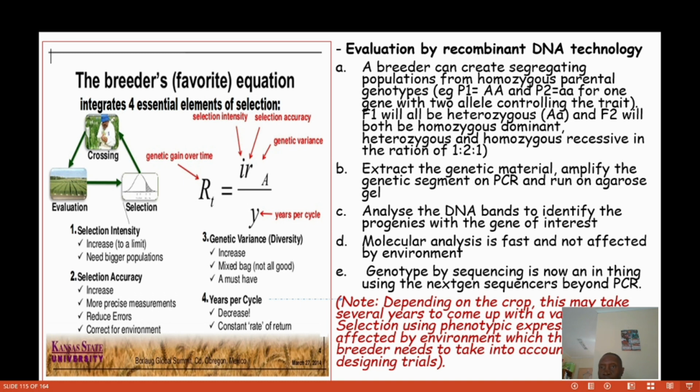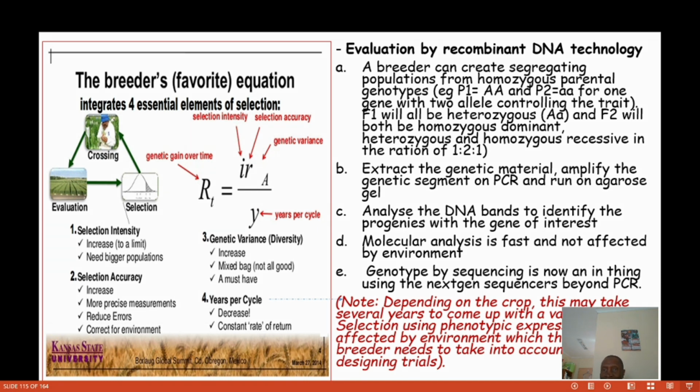Now, remember we are dealing with the materials crossed, and then the generative method. You can also evaluate the materials using recombinant DNA technology, and that will be getting to plant biotechnology.